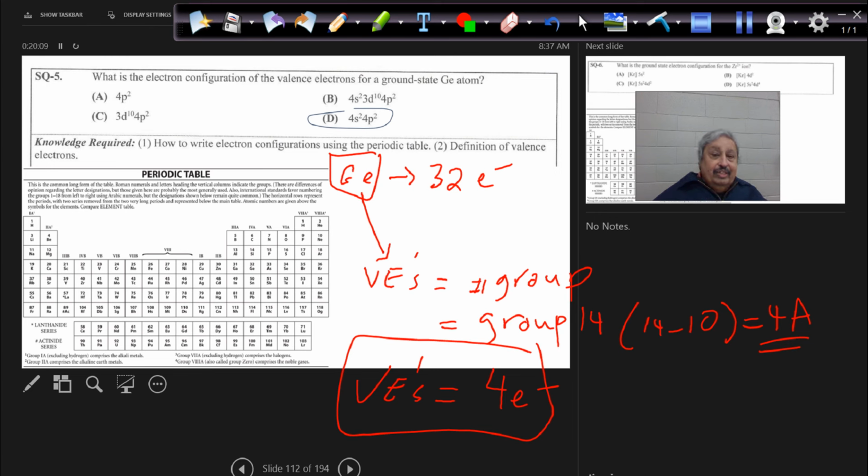So you look at the whole thing and you ask yourself, which one will provide 4? This one, correct? And that's the answer here. Are you following? This is 2. This is 12. This is 10, 12, 14. This is 4. And we said it's 4. So the answer is D.